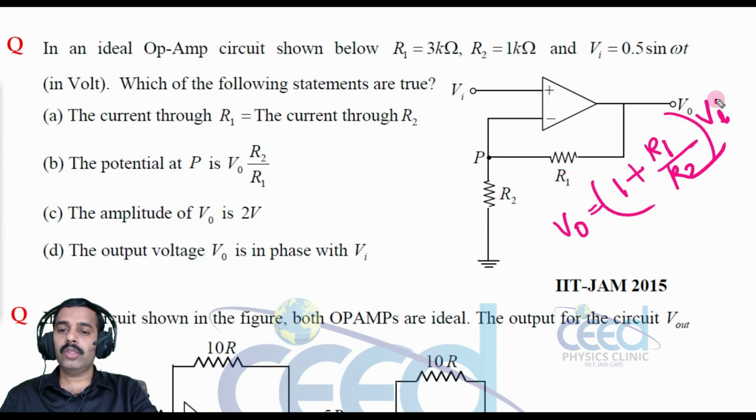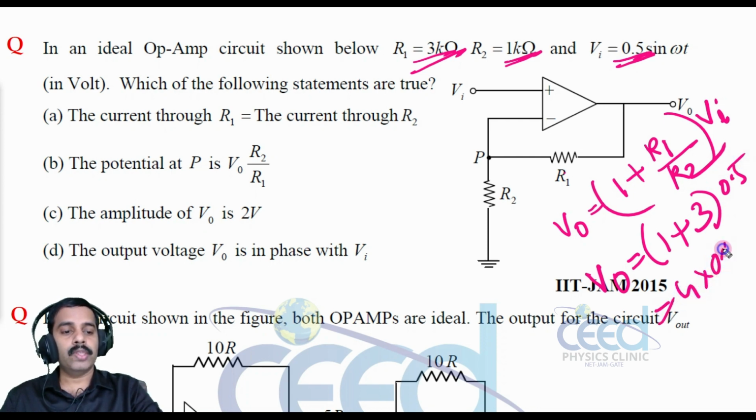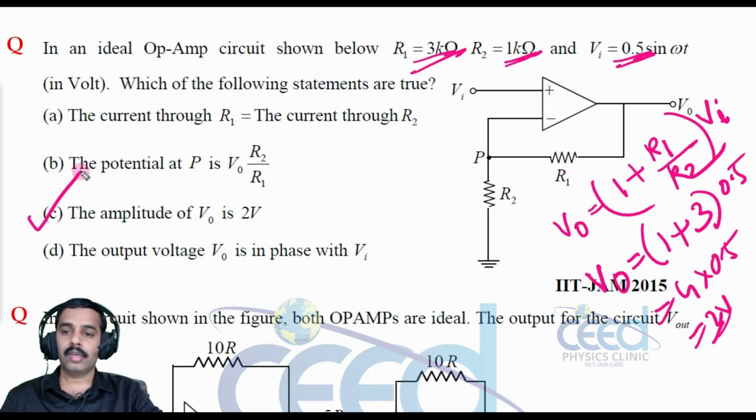Let me check the answers first. R1 is equal to 3 and R2 is equal to 1, so 1 plus 3 by 1, that is 4 into Vi. The input amplitude is 0.5, so 4 into 0.5, that answer is 2 volt. So the amplitude of output is 2 volt, right? That is correct. So this option is correct.